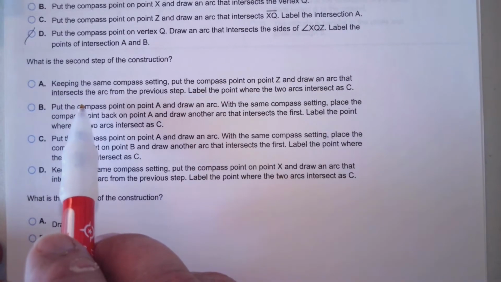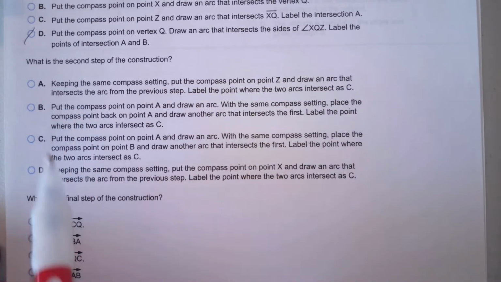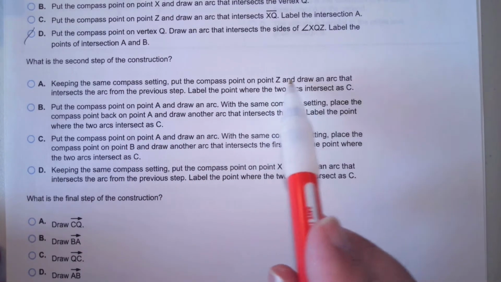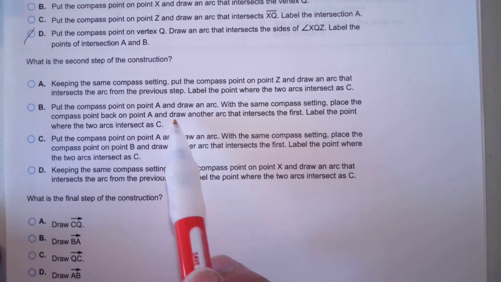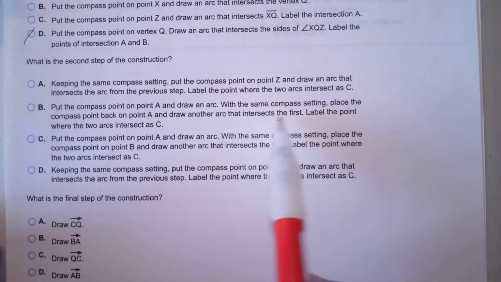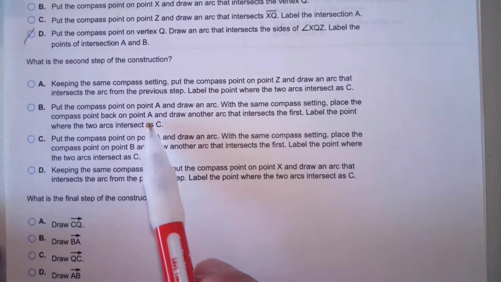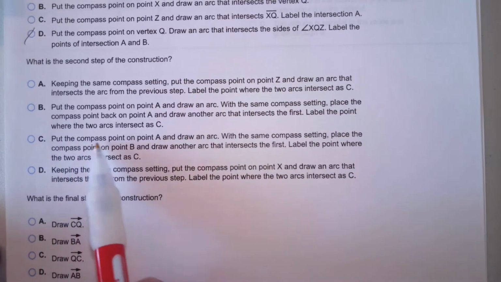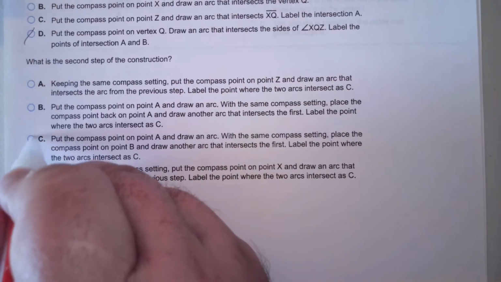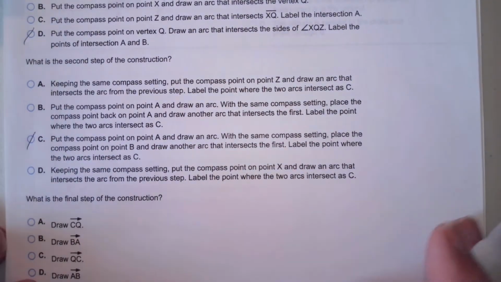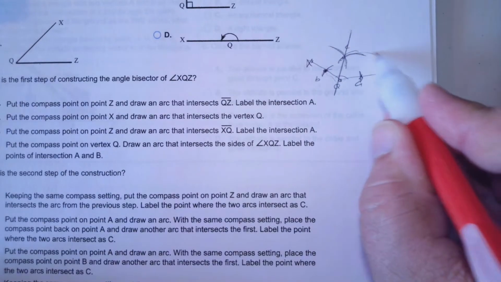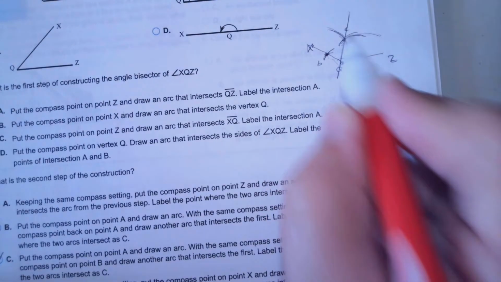Then, next step, keep the same compass setting. Put it on point A, draw an arc. Same compass setting, place it on B, and draw an arc.